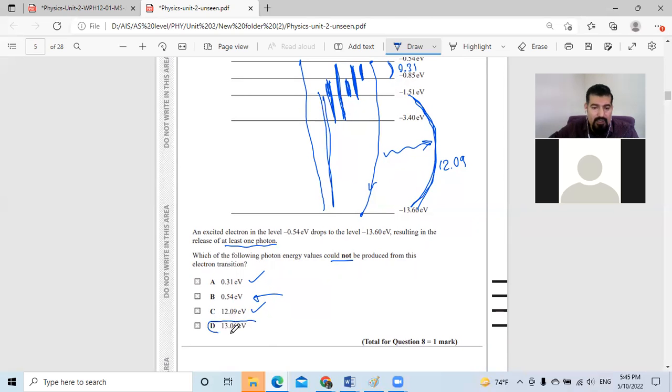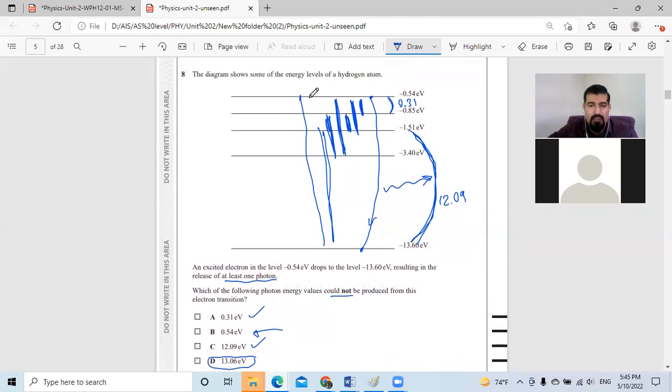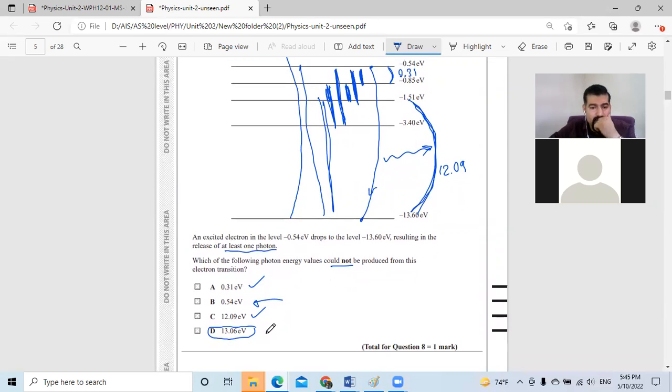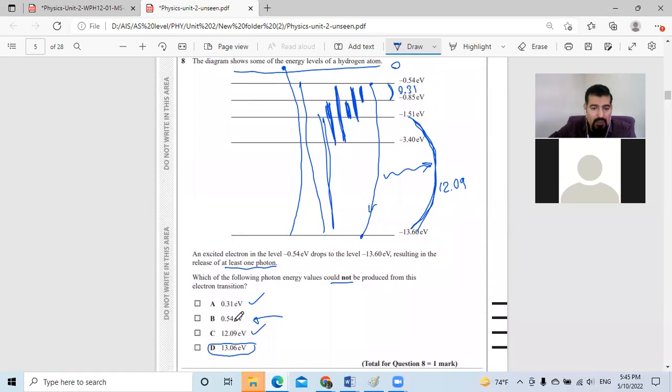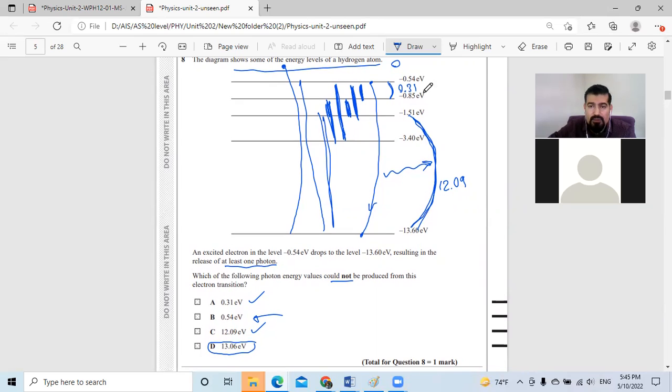This answer is also accepted because they didn't say that it falls from infinity. They didn't say infinity. Let's check B again. Do we have a difference in energy level equal to 0.54? No, we don't.